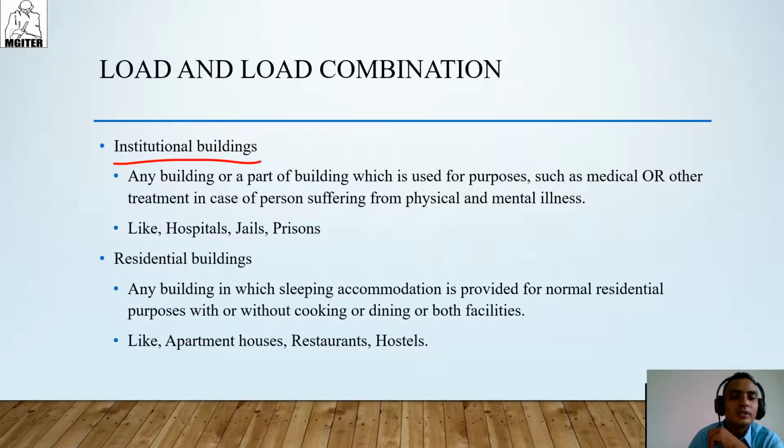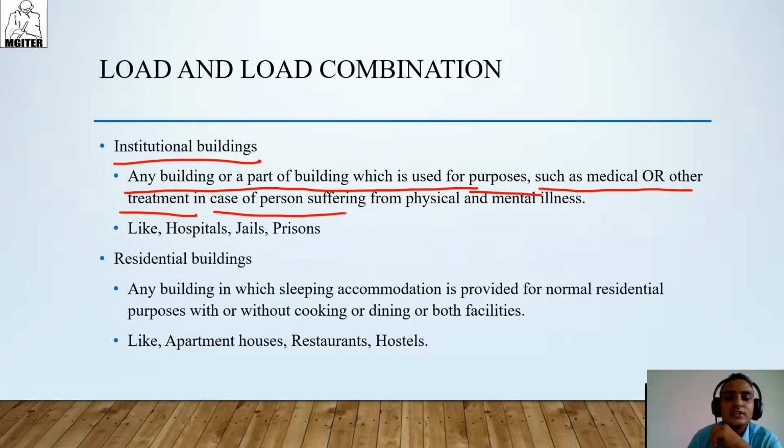Then after, institutional building: any building or a part of a building which is used for purposes such as medical or other treatment of persons suffering from physical and mental illness, like hospital, jail and prison.